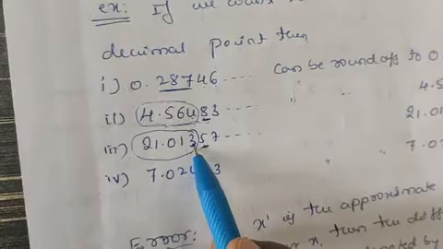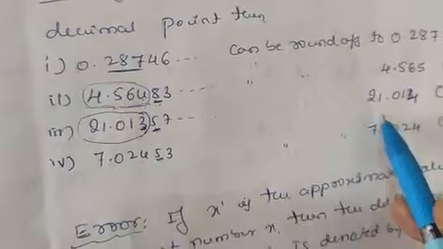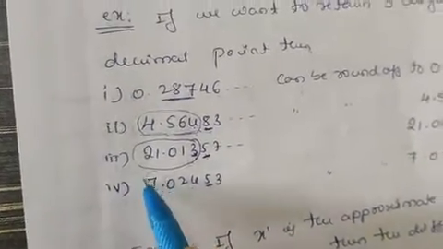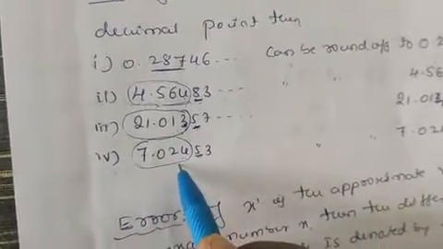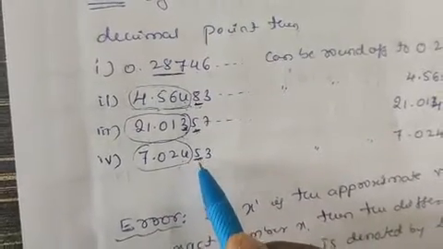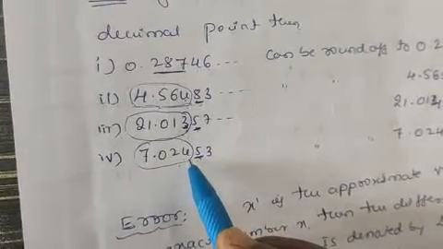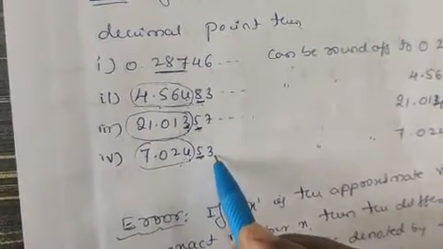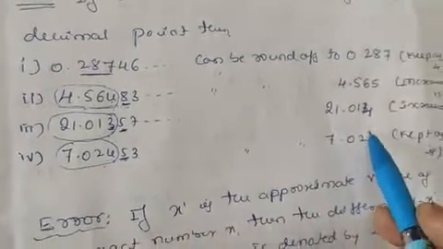If the previous digit is odd, then we add 1 to it, and it becomes 21.014. The next example is 7.02453. We want to round off only up to 3 digits after the decimal point. After 3 digits you check the next number. Here again it is equal to 5, and before this you have to check what type of digit it is. If it is an even digit, then we can neglect it. So here we neglect 53, and it becomes only 7.024.